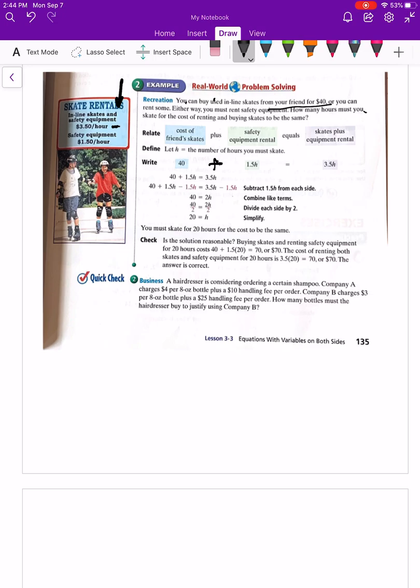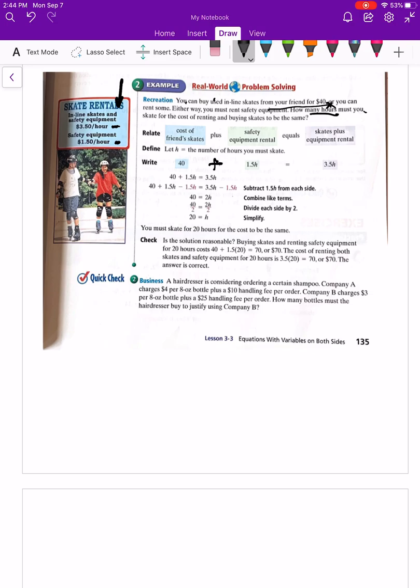And then safety equipment, if you're just renting safety equipment, would be $1.50 an hour. So because they have the skates, because they're buying them from a friend, their safety equipment would be $1.50 per hour. So they used how many hours, because remember it says how many hours, so that's your X, or they used H in this case, before the cost will be the same.